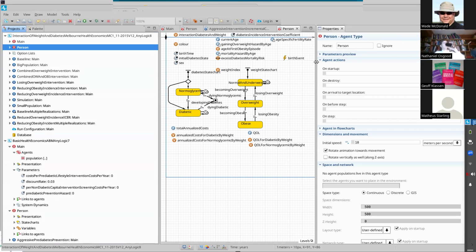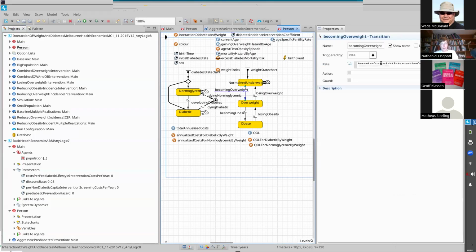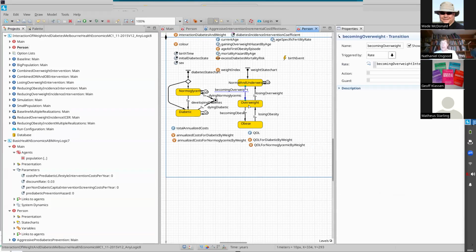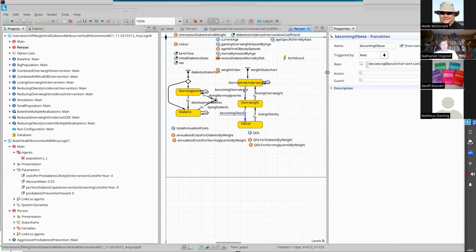But let's look at this. Here we have two state charts, right? And for those interested, we actually have a hazard rate that changes by age, for example, of developing overweight. And we have some chance of developing obesity and so on.